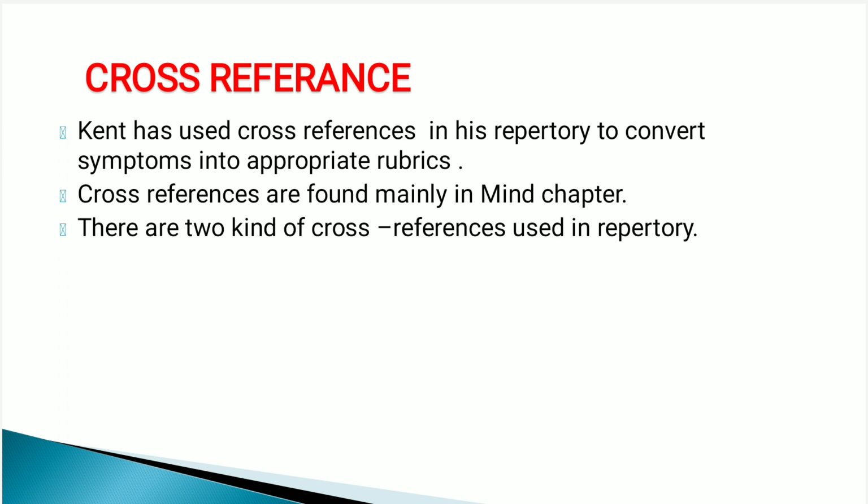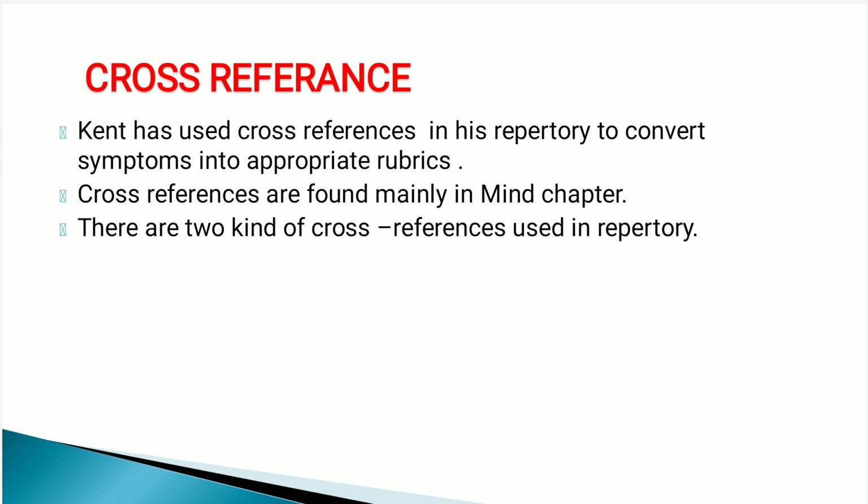Kent has used cross references in his repertory to convert symptoms into the appropriate rubric. So, to convert the symptom into a rubric, the cross references are used by Dr. Kent.